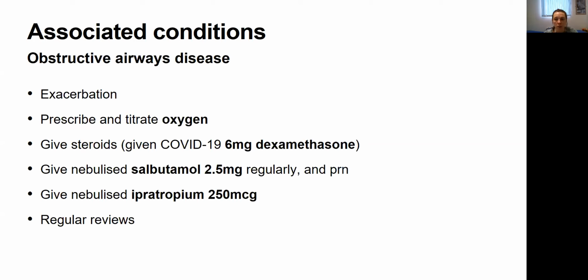Viral-induced exacerbation of pre-existing airways disease is common. It's not abnormal that COVID-19 can cause this. Management is for viral exacerbation with oxygen, steroids, salbutamol, ipratropium, magnesium, and so on. Where there's evidence of previous carbon dioxide retention, consider prescription of oxygen to maintain saturations of 88 to 92%.